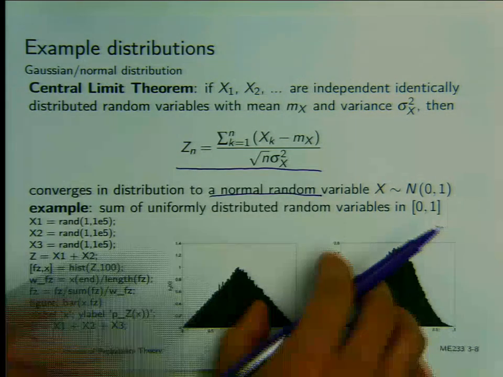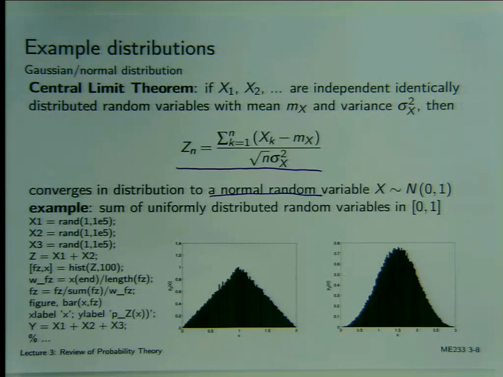So it's saying, in practice, if I have a lot of independent randomness, then the overall behavior looks like a Gaussian.